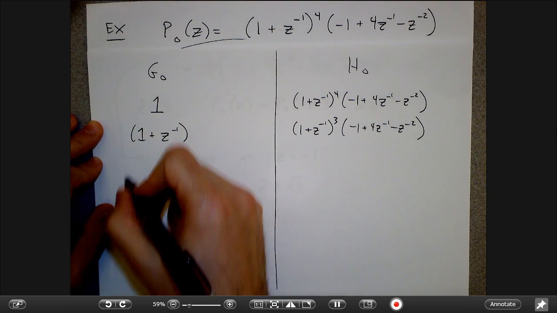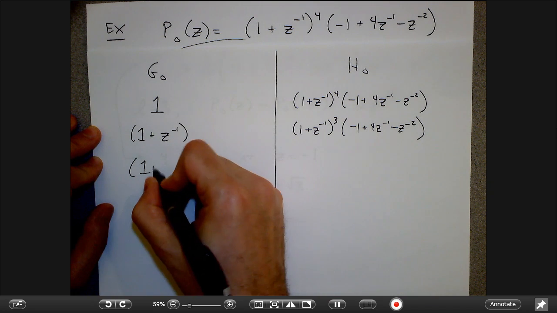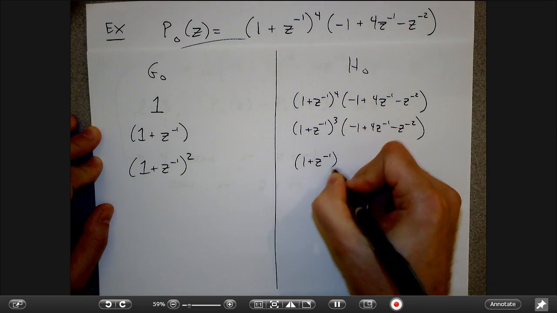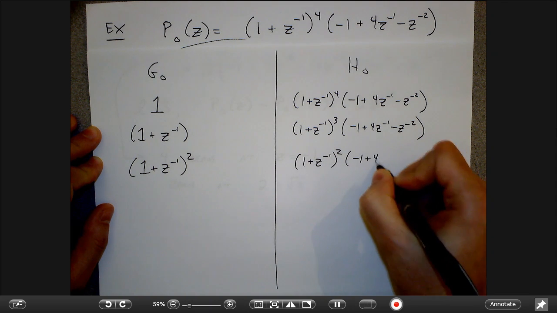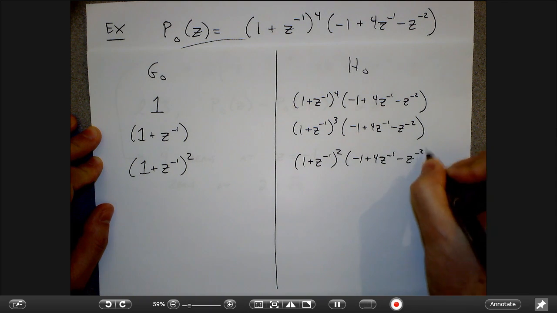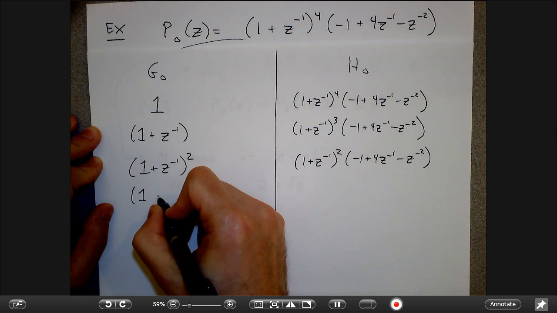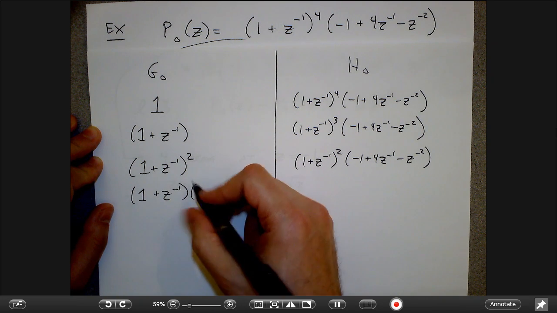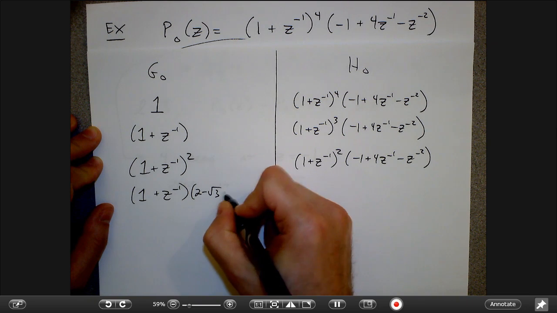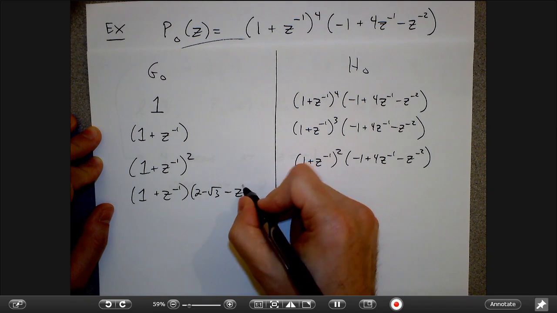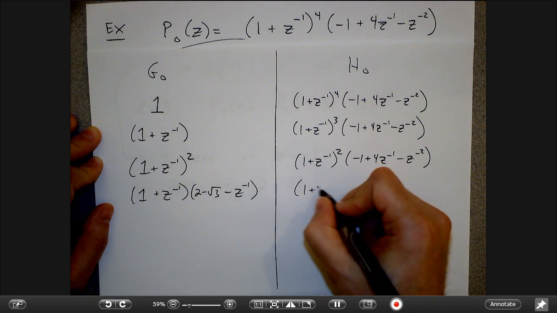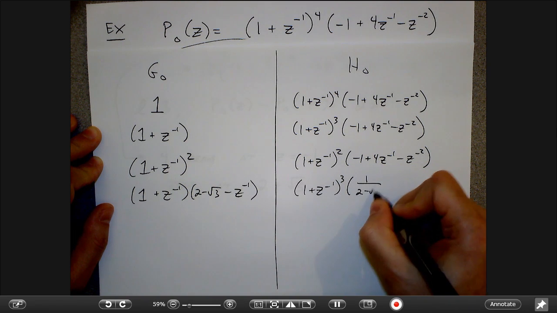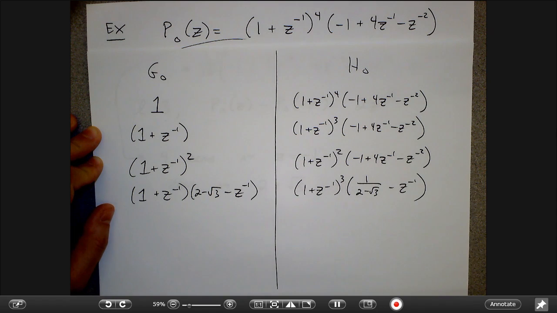Or I could take, for example, 2 of these guys and leave 2 of these guys over here. Or I could take 1 zero here, and I could take one of these zeros over here. I don't want to list all the options, but basically I can keep on going like this.